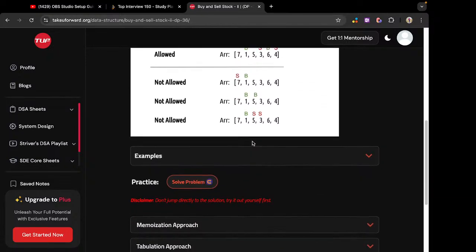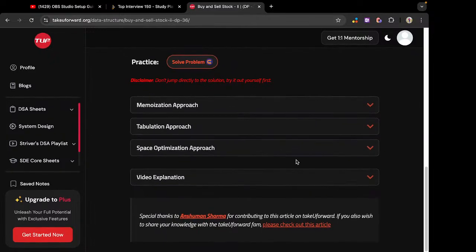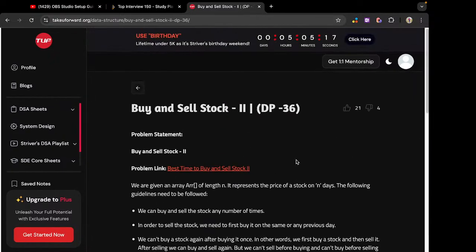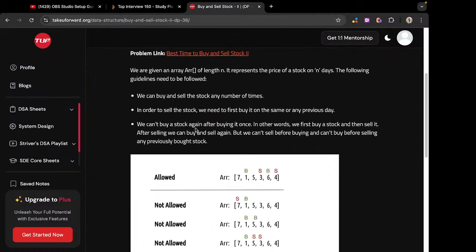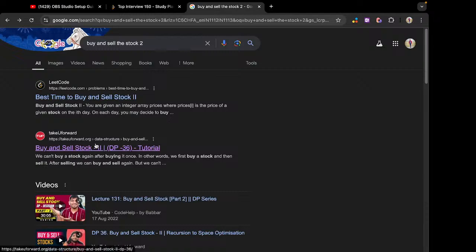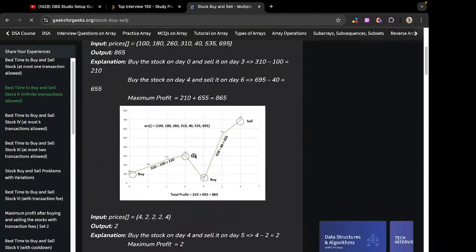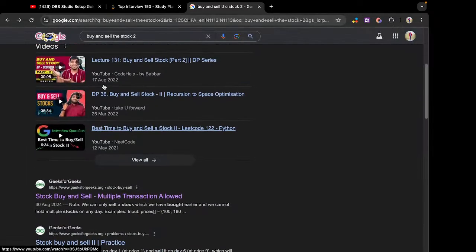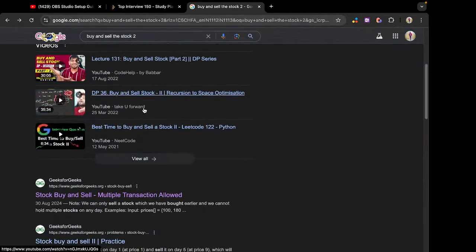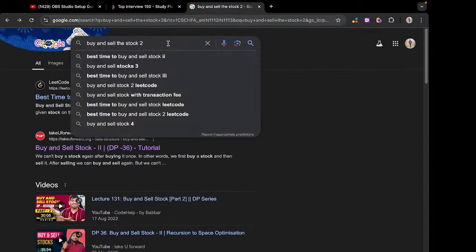Not allowed, recursion, space optimization. It's not DP. Is there any other method?